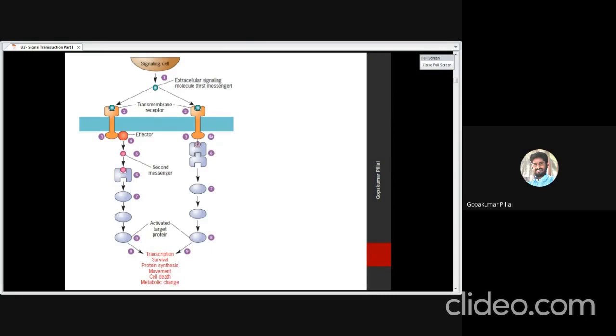Initially, when there was no messenger binding to the receptor, the receptor was inactive. The receptor was inactive because it had not received the signal; it had not bound the messenger. But the time when the messenger binds the receptor, what happens? The receptor undergoes a conformational change, wherein due to the conformational change, the receptor now becomes active.